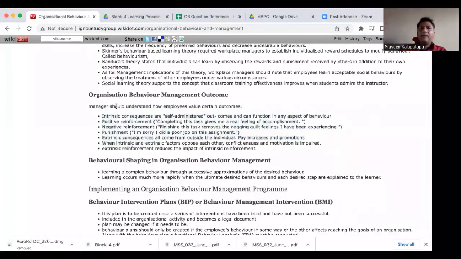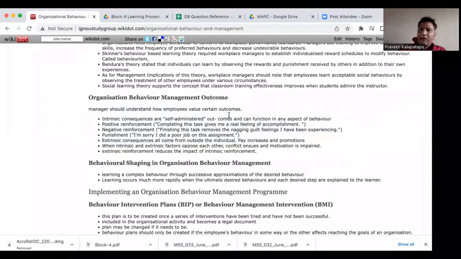Managers should understand how employees value outcomes. Again, this is talking about reinforcement itself. This is the only point which I see as different: there is an intrinsic consequence or outcome, and there is an extrinsic consequence. When you are designing a reward, you can have an intrinsic way and an extrinsic way.